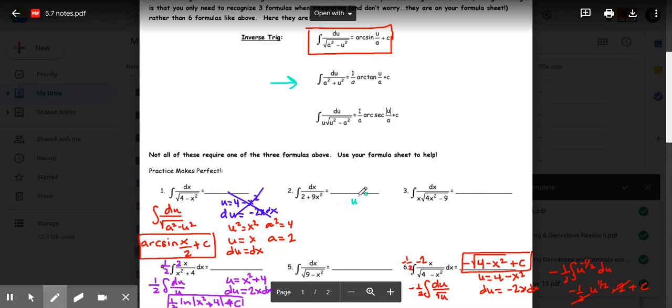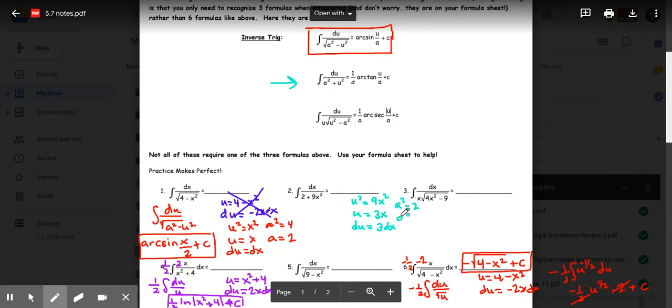So once you realize you're using one of these last 3 formulas, you write down your u squared, which is the variable term, so 9x squared. Your u would be the square root of that, which is 3x. Your du would be 3dx. Your a squared is the number, which would be 2.